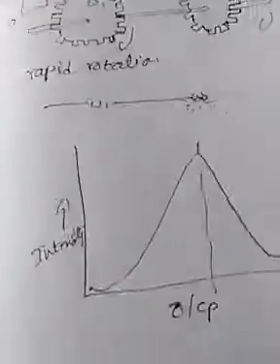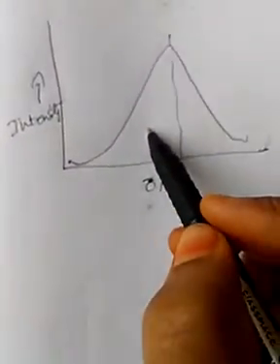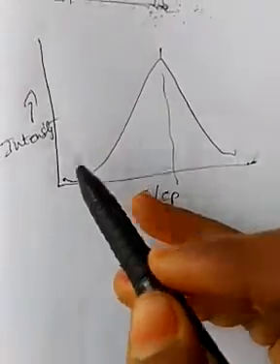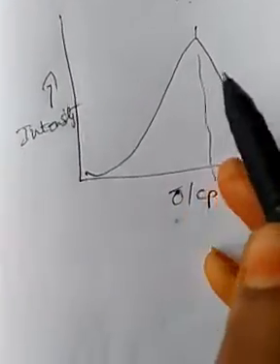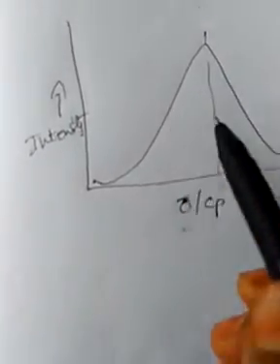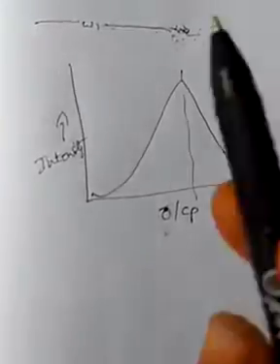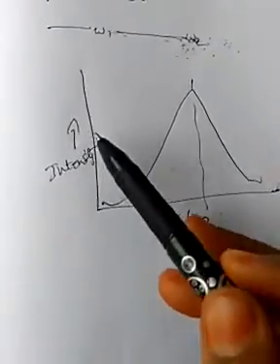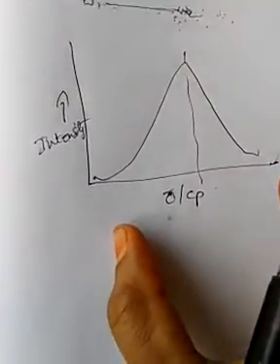This curve resembles well the theoretical curve of Maxwell's law of distribution of molecular speeds. This is similar to the theoretical curve of Maxwell's law. So it is the experimental arrangement for the experimental verification of Maxwell's law of distribution of molecular speed.